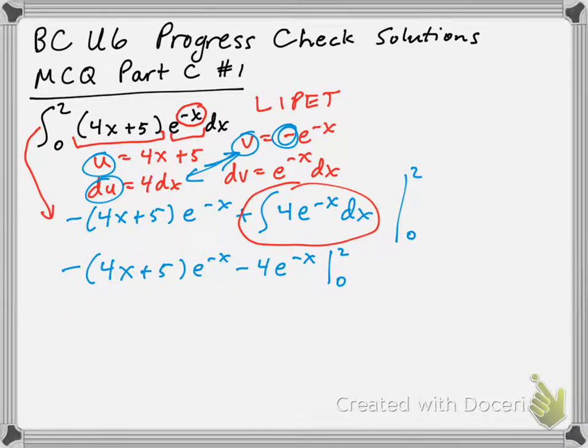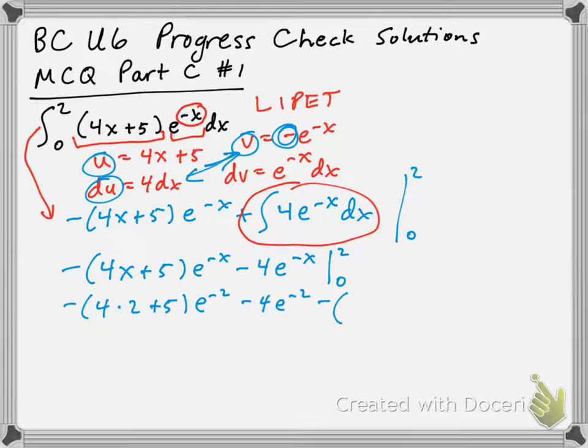So let's go ahead and do that. Everywhere we see an x, we're going to put a 2: negative (4 times 2 plus 5) times e to the negative 2, minus 4 times e to the negative 2.